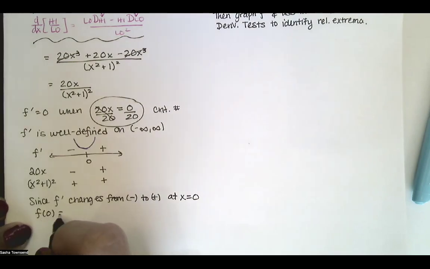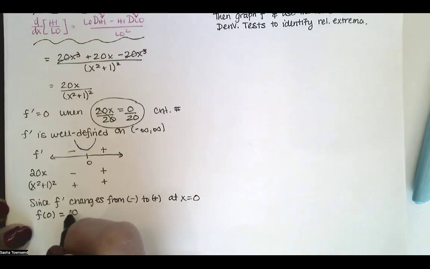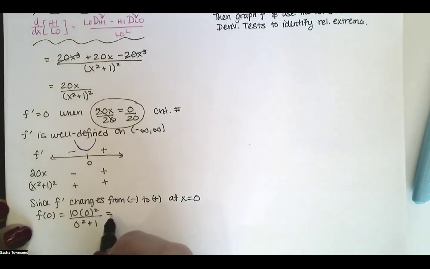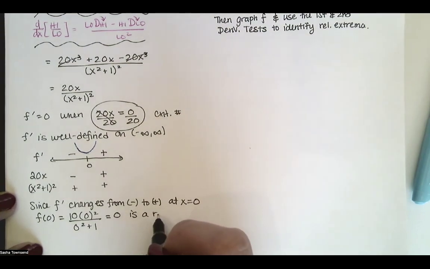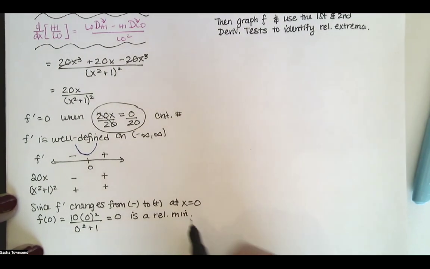F of 0 is just 10 times 0 squared divided by 0 squared plus 1, which is of course 0. F of 0 is a relative minimum.